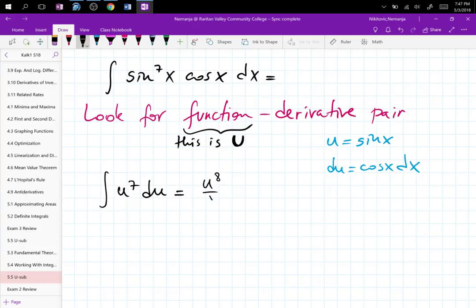You get u to the 8 over 8 plus c, and then u is sine x, so it's 1 over 8 sine to the 8x plus c. If you don't believe me, go ahead, differentiate the answer. You must get sine to the 7x cosine x. Otherwise, we broke math.